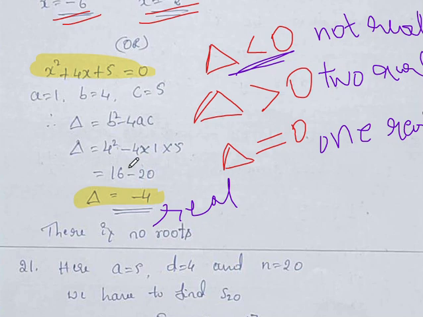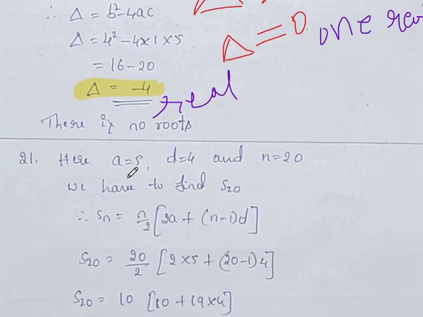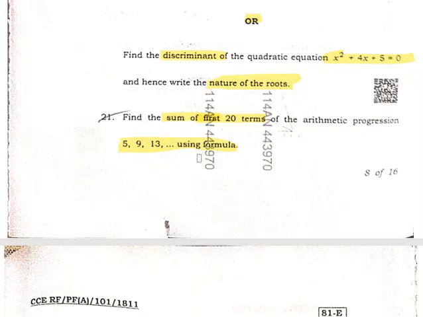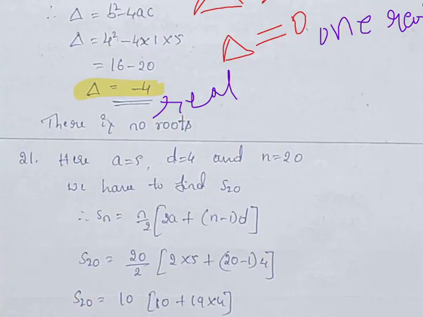Here I solved this. What is the arithmetic progression they have given here? 5, comma 9, comma 13, etcetera.